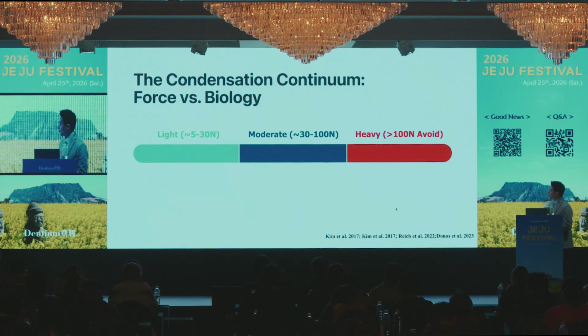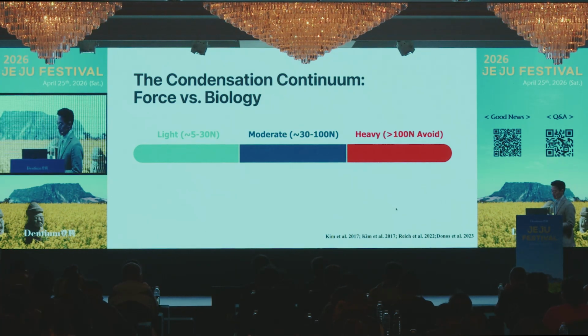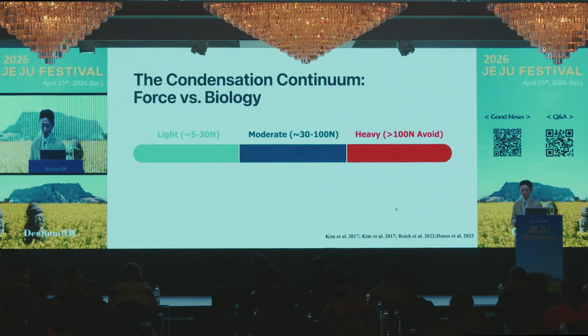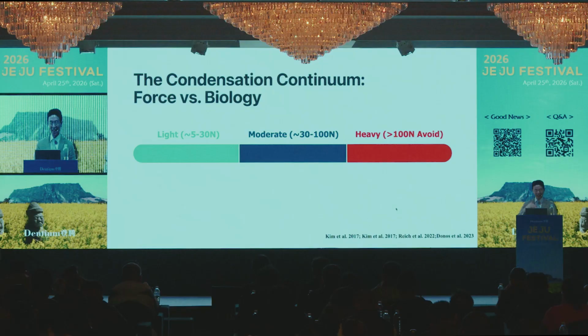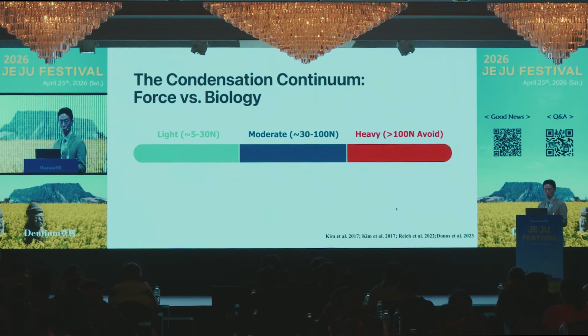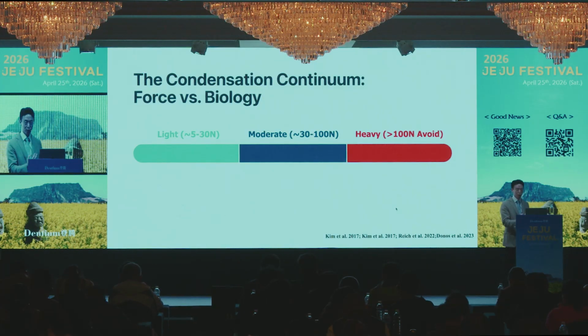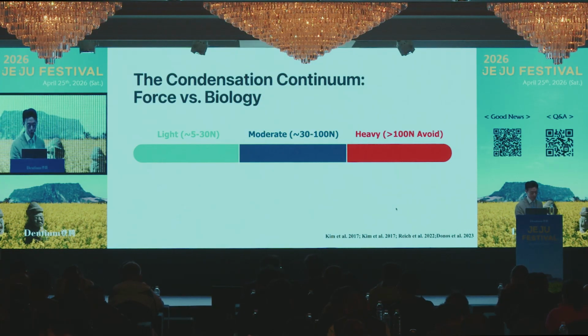The application force for the particle bone has been evaluated in several studies. Applying force of more than 100 Newton is highly likely to completely destroy the pore structure. So we should keep the pressure less than 100, but ideally keeping the pressure under 30 Newton will make better clinical results.